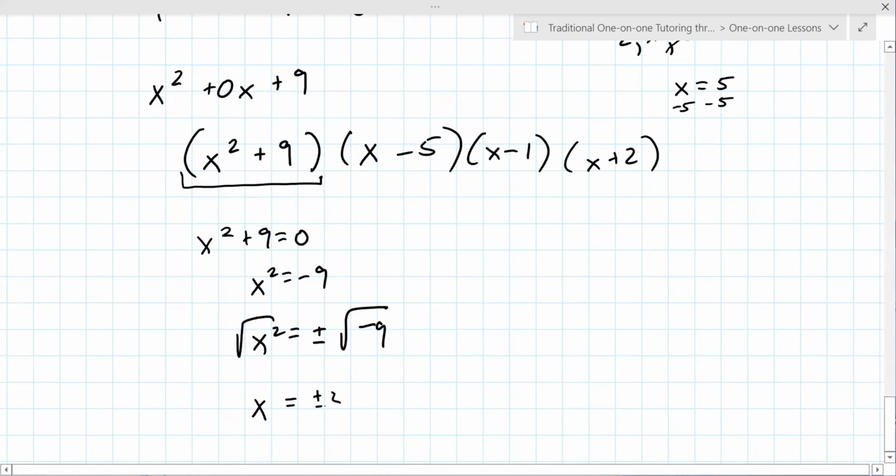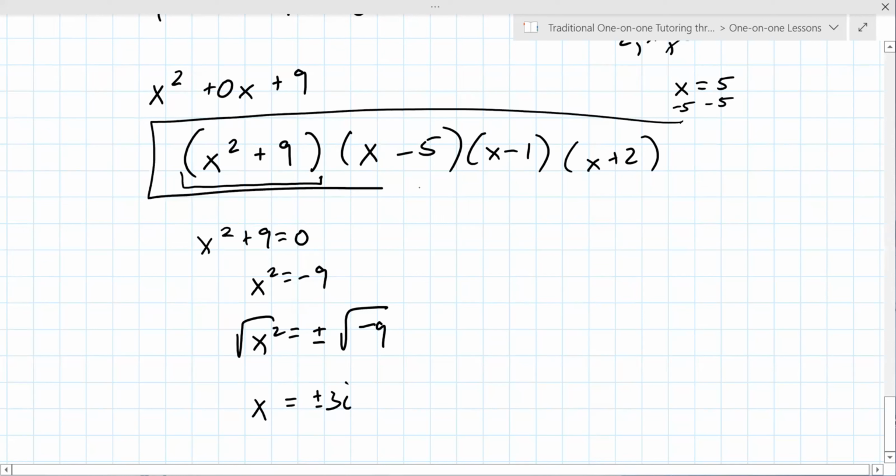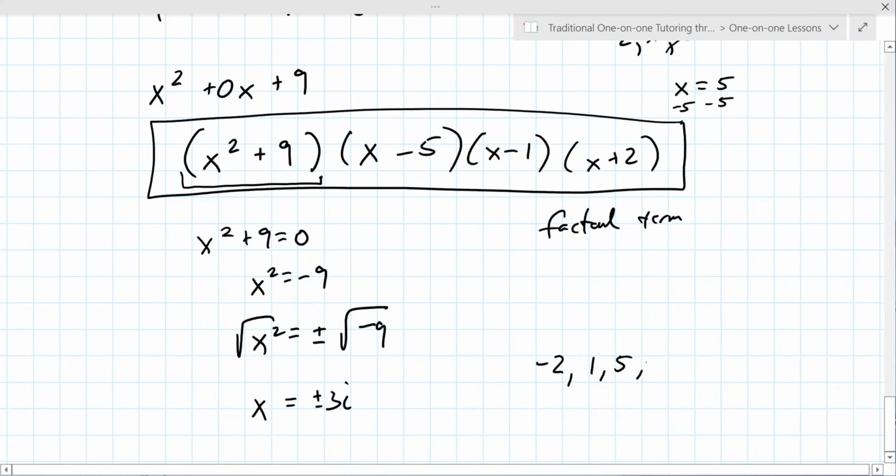Perfect. What I've boxed in, that's factored form. But if it asks for the zeros or the roots or the solutions, they are -2, 1, 5, 3i, and -3i.